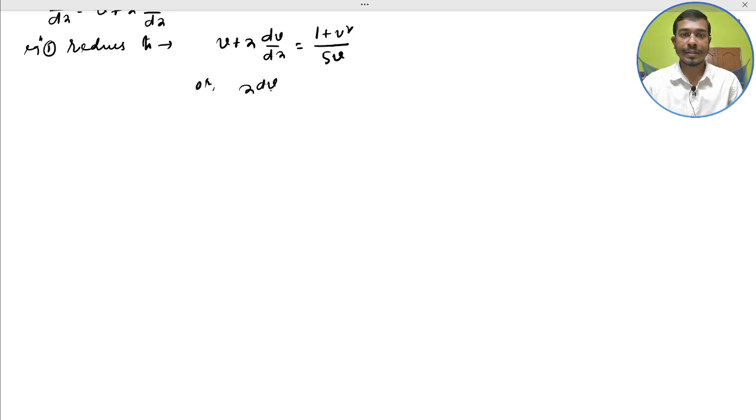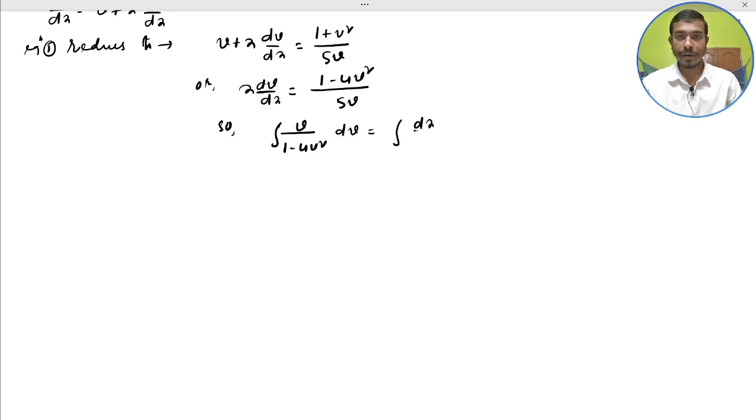The x dv/dx becomes (1 minus 4v square) divided by 5v. Integrate both sides. So the integration of v divided by (1 minus 4v square) dv equals 1 by 5x dx. This is equation number 2.